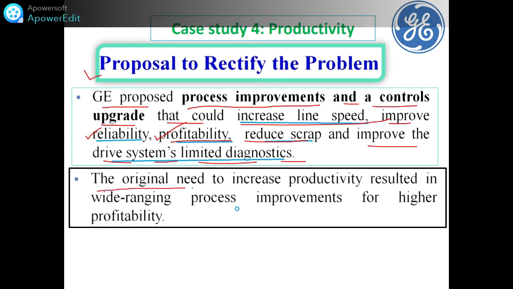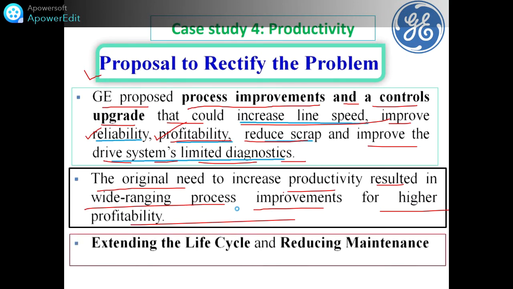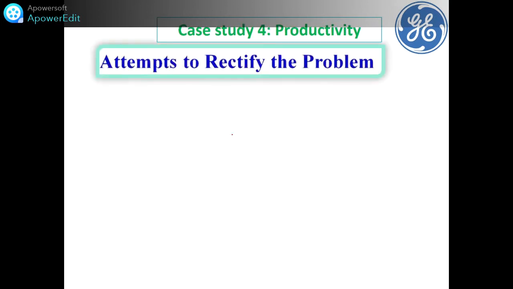The original need was to increase what? Productivity. Improving the productivity resulted in wide-ranging process improvement for higher profitability. So friends, here what will happen? The results will be extended life cycle and reduced maintenance. They have attempted to rectify the problems.